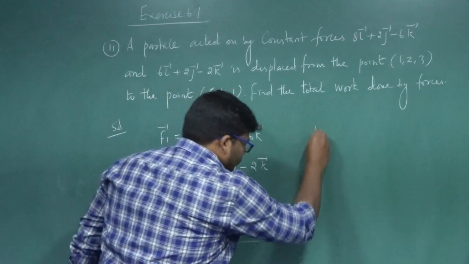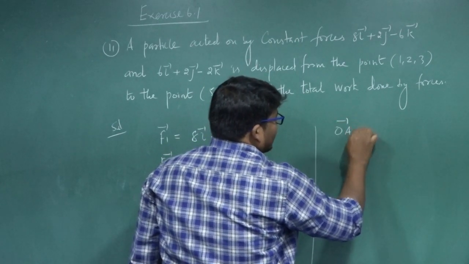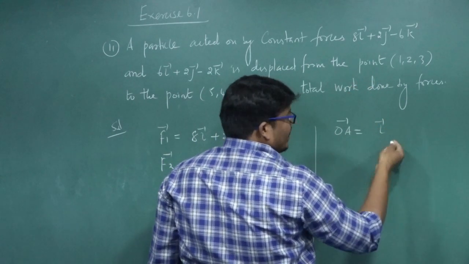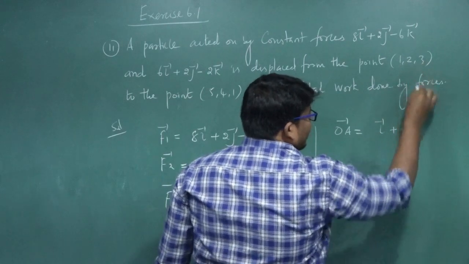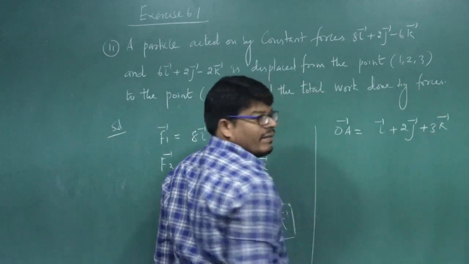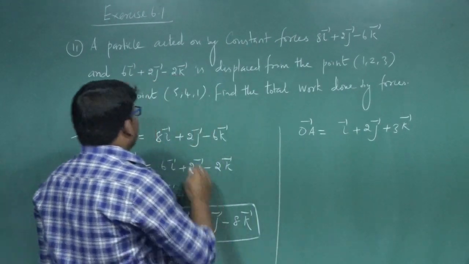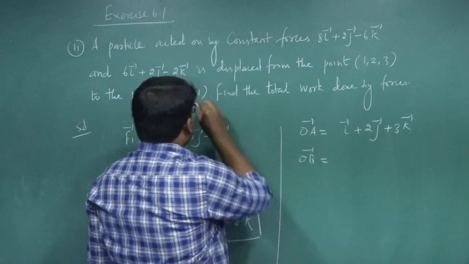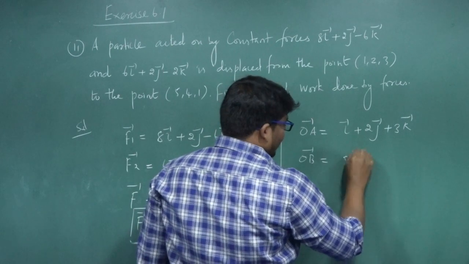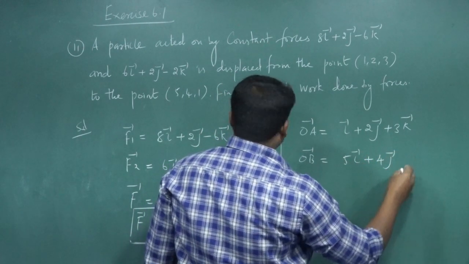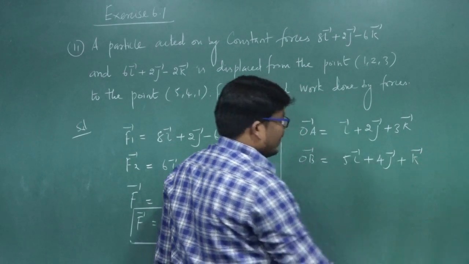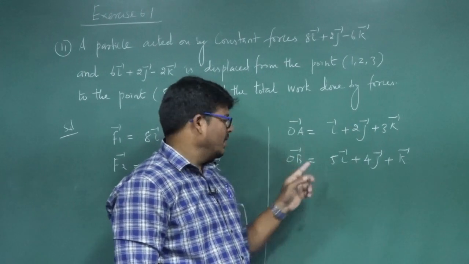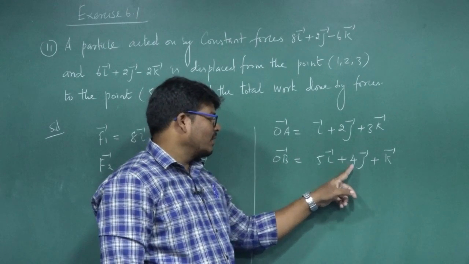The first point OA vector equals (1, 2, 3), which is i plus 2j plus 3k. The second point B is (5, 4, 1), the position vector OB equals 5i plus 4j plus k.